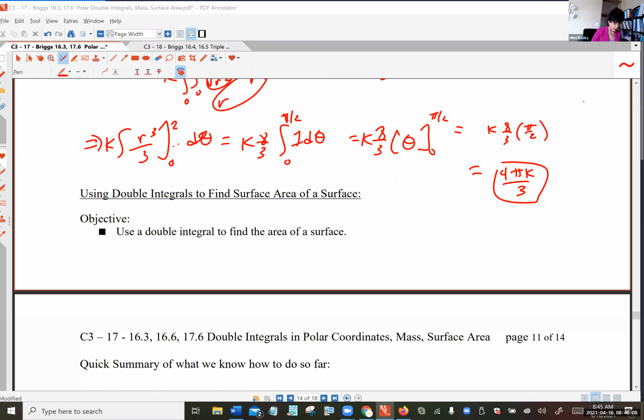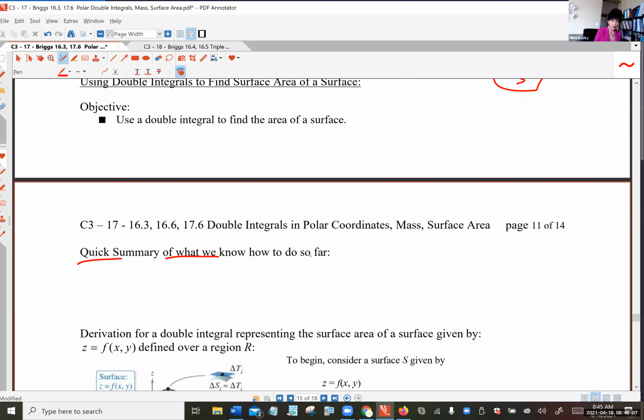So what do we know so far? Let's do a quick summary of what we know how to do with double integrals. One thing you should know how to do with a double integral is find the area of some region R, and that's if the integrand is a 1. Another thing you can use a double integral for is the volume of a solid where the capping surface is f of x, y.